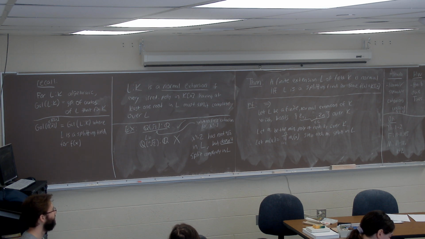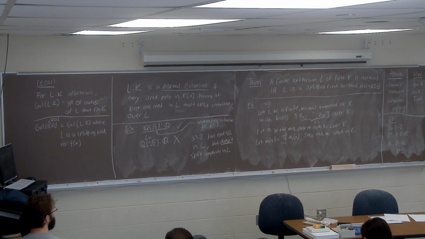Because then we wouldn't necessarily get a splitting field. If we just took m1 of x and took the splitting field of that, it would have a root, so it would have to split completely over L. But L might not be the splitting field because you might be able to get a smaller one, right? Yes.